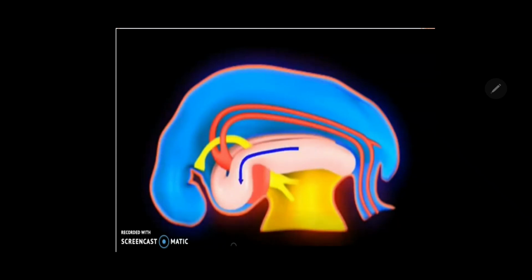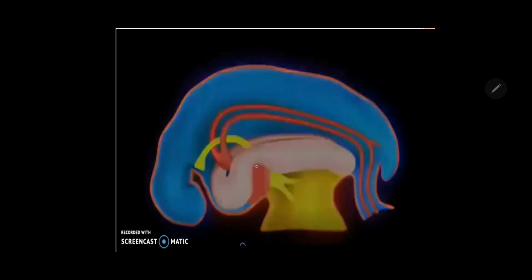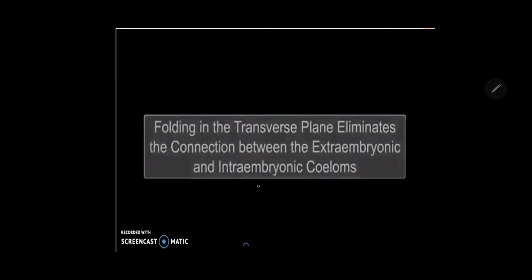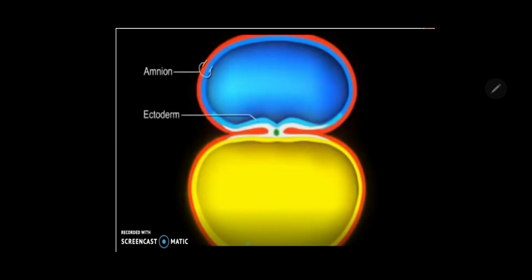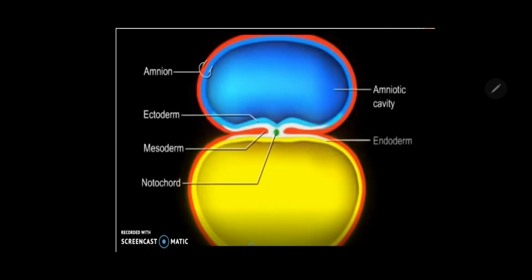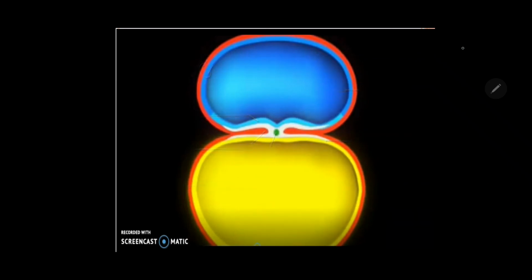So this is the intraembryonic coelom forming the future body cavities. So folding in the transverse plane, that is in the lateral folds, you can see there.